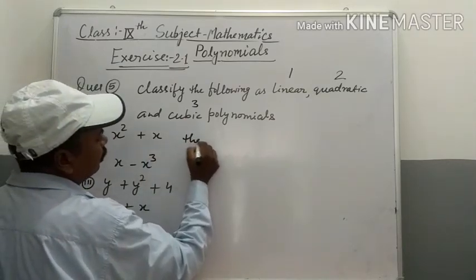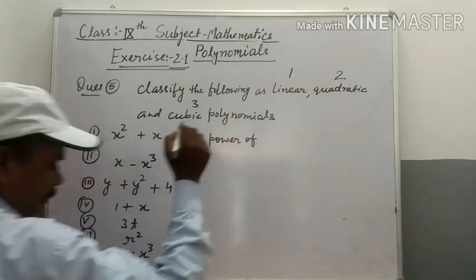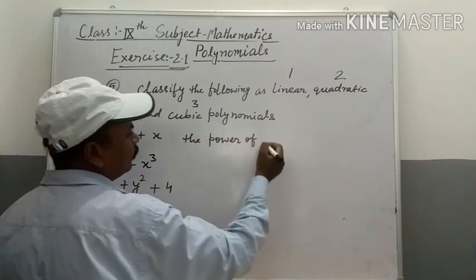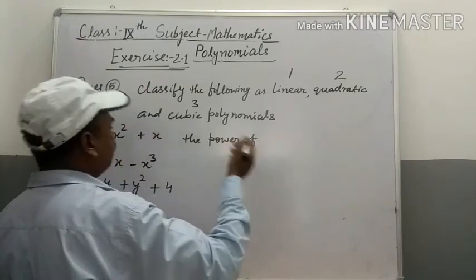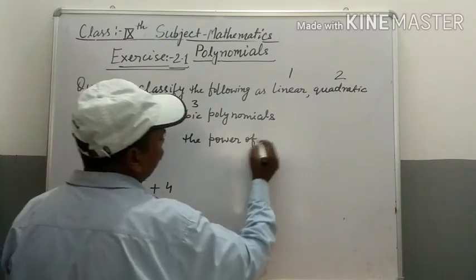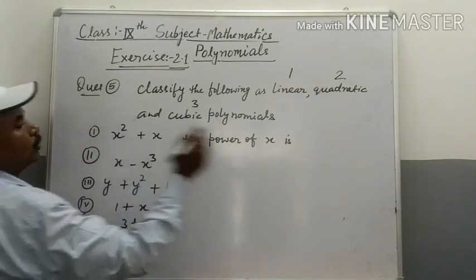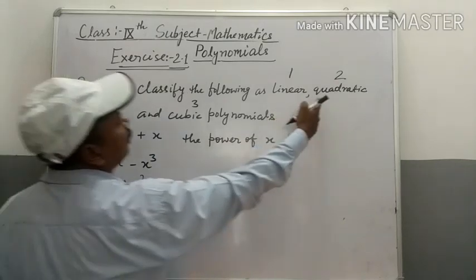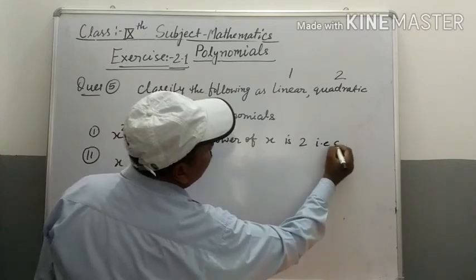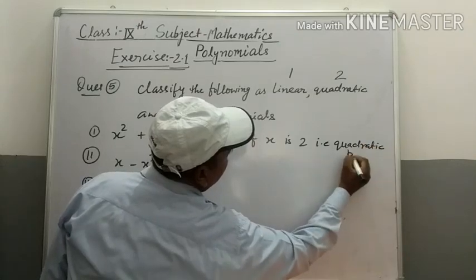The power or degree of x is, here you can see 2. Students, the degree or power 2, that is quadratic polynomial.